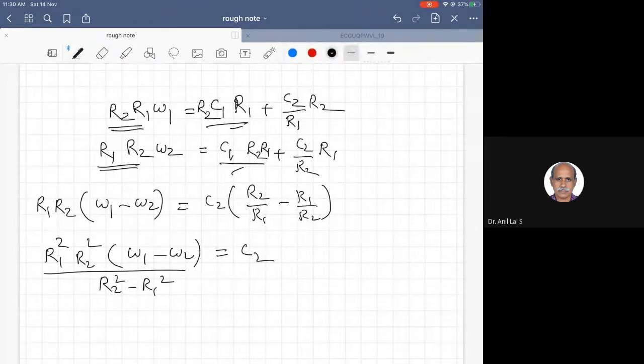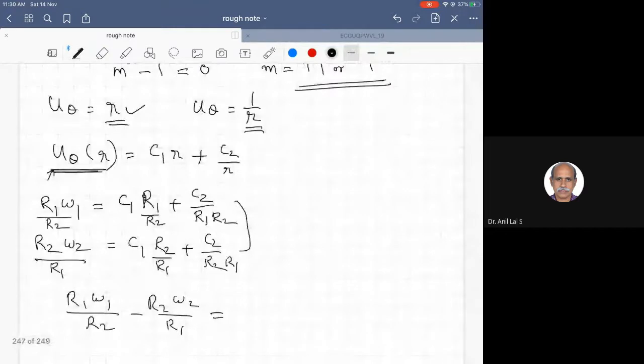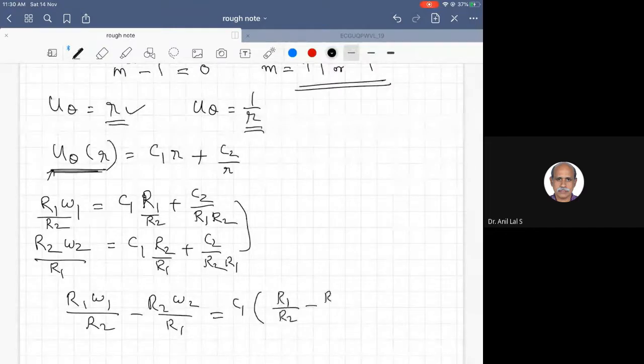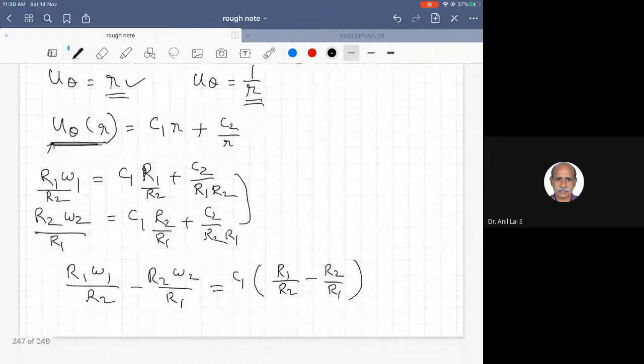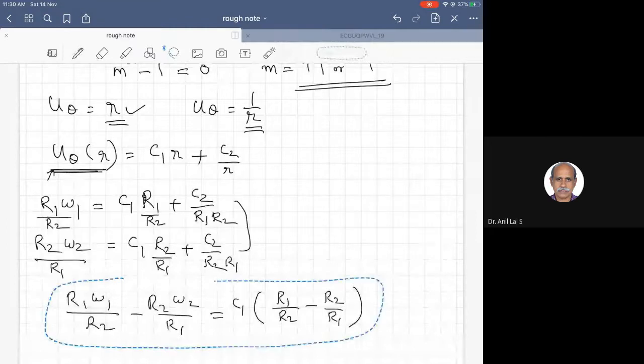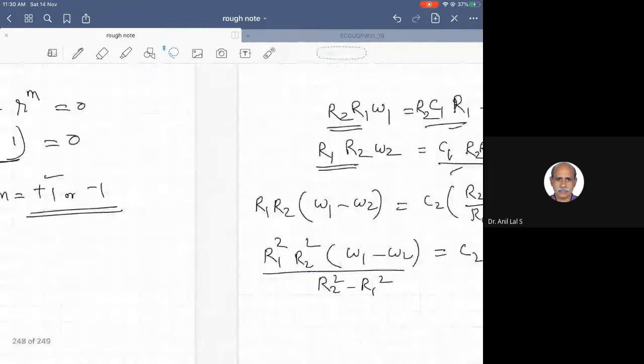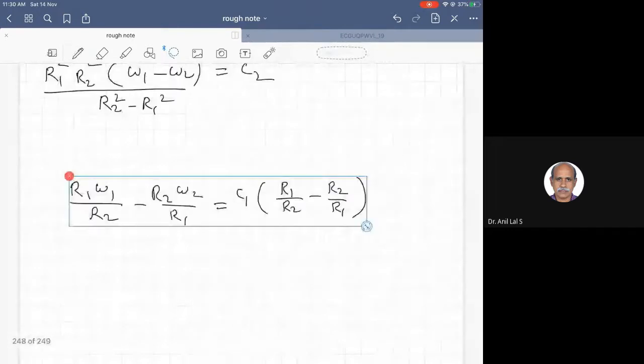So C2 remains, so C1 into R1 by R2 minus R2 by R1. There is R1 R2 on both sides. So we have this.